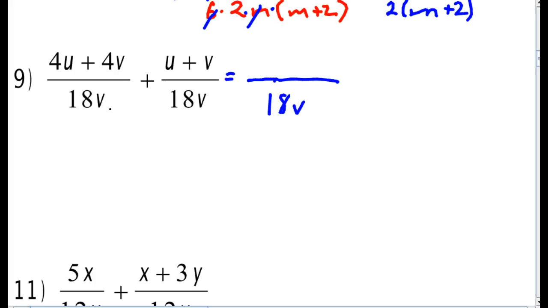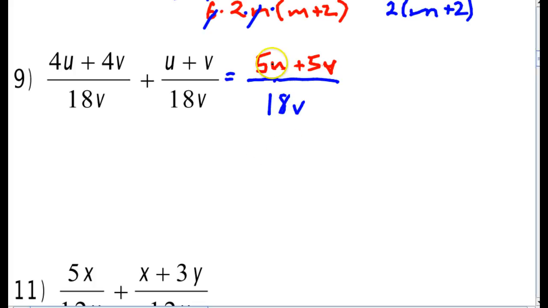Some down on top. Okay. And what do we have? 5u plus 5v.